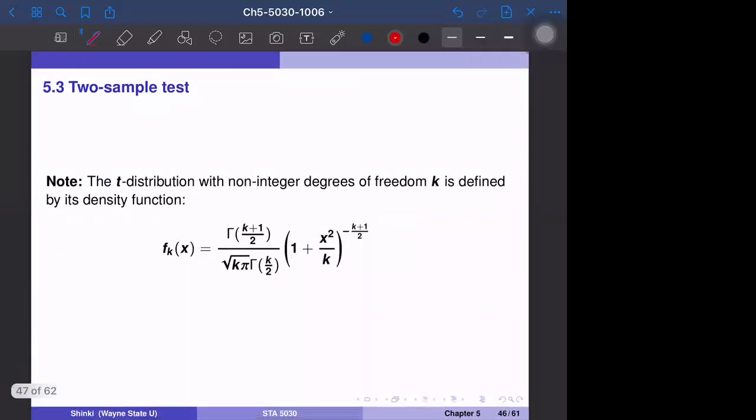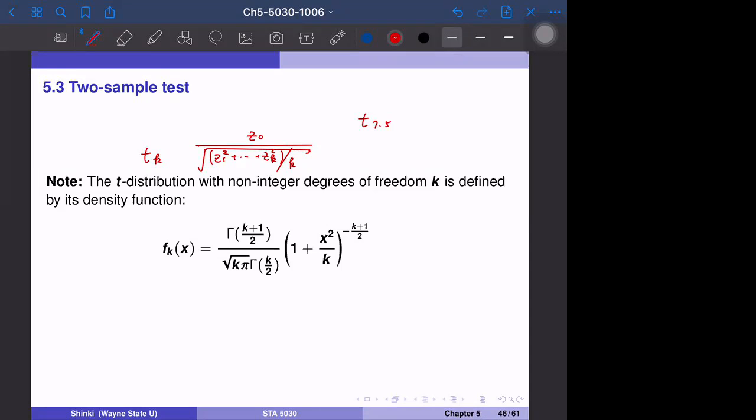Here you may wonder what the t distribution with df 7.5 is. Originally, the t distribution with degrees of freedom k is defined as the distribution of z naught divided by the square root of the summation of z1 squared to zk squared, divided by k. This can be defined only for positive integer k, so k equal to 7.5 does not make any sense.